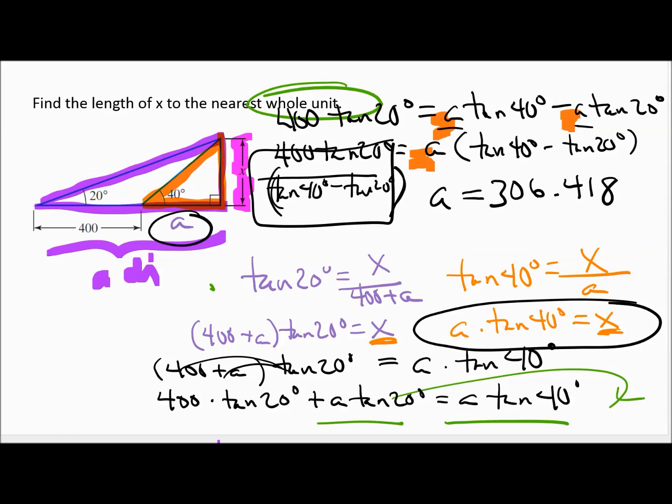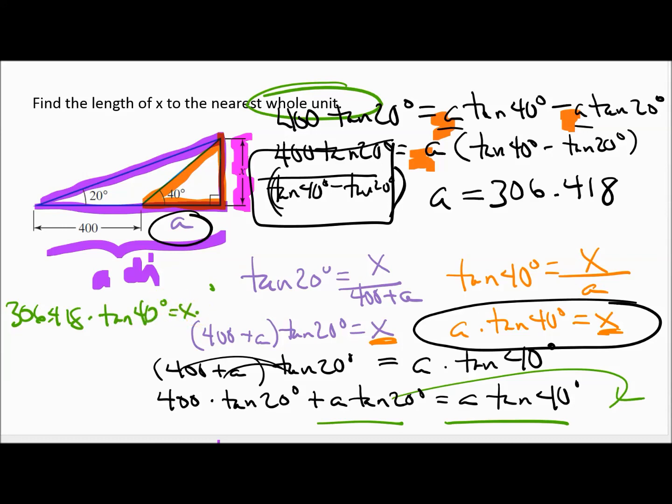So now what in the world are we going to do? Well, if you'll look at your equations in orange over here, I've got it already circled. a times the tangent of 40 is x. So I know a now, so I can set that up as 306.418 times the tangent of 40, and that's going to be my x value.